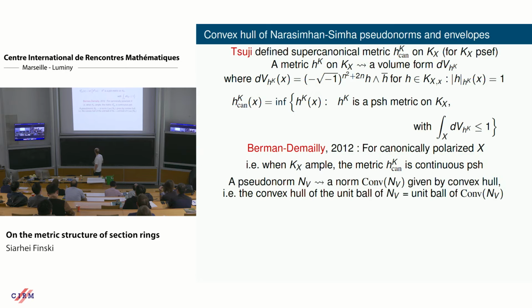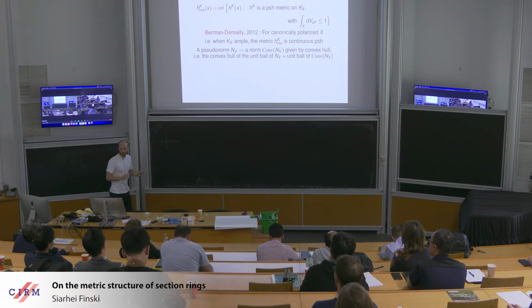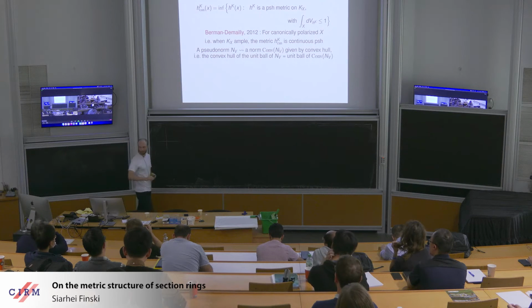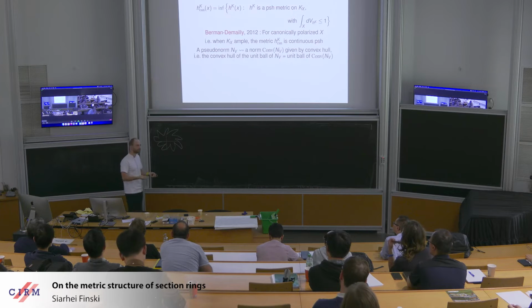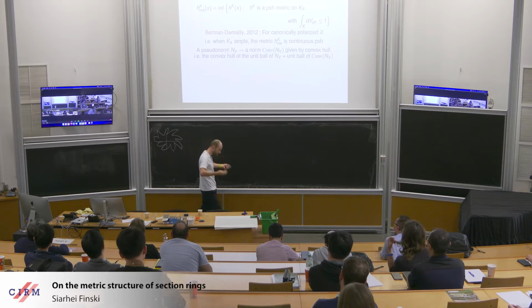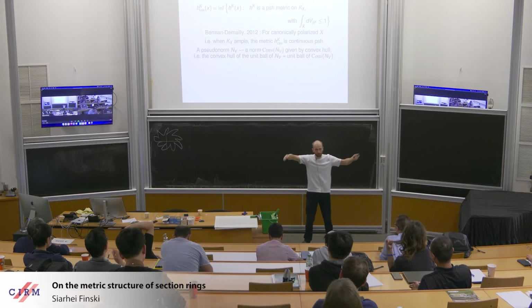Another piece of preliminary which I need is the following. Suppose you are considering a general vector space V, so let's say just R^2, a small picture, don't worry. And I'm considering any pseudonorm over this V. The ball of this pseudonorm, as we have no convexity assumption, will be just some non-convex thing.